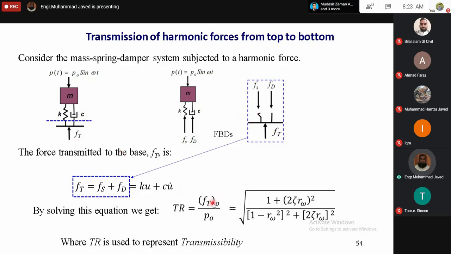So the ratio of Ft naught by P naught is represented by Tr and this is called transmissibility. And by solving this equation we get the expression shown in the square root.